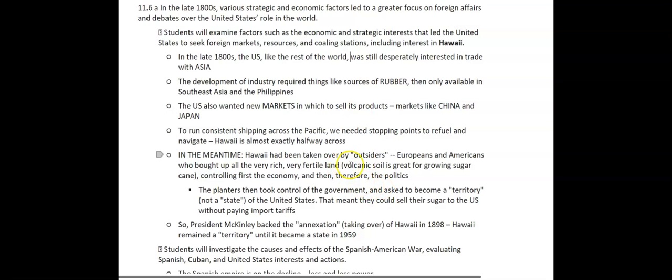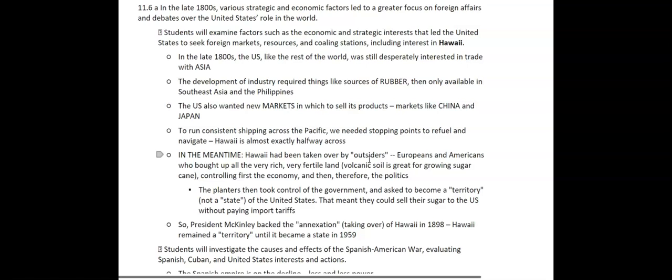In the meantime, Hawaii had been taken over by outsiders, non-native Hawaiians, Europeans and Americans, who bought up all the very rich, fertile land. Volcanic soil is great for growing sugarcane, controlling first the economy and then politics. The planters then took control of the government and asked to become a territory, not a state. They didn't have voting rights, but a territory, a possession of the United States.